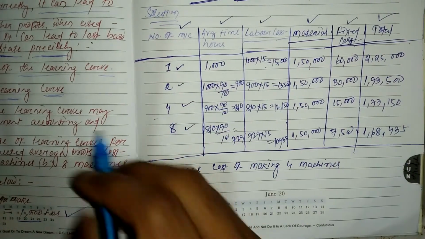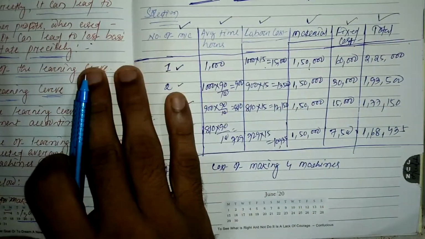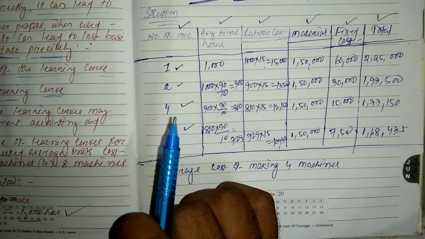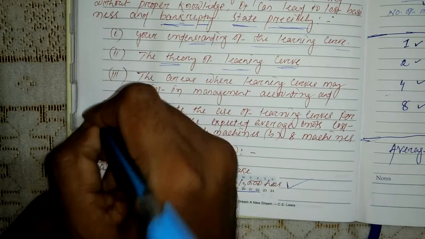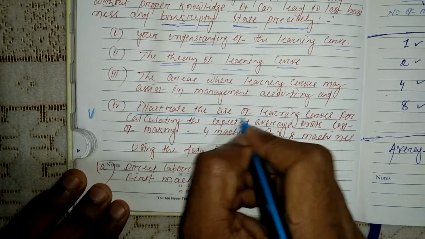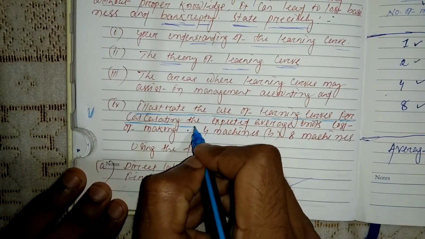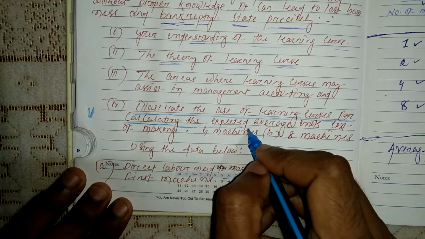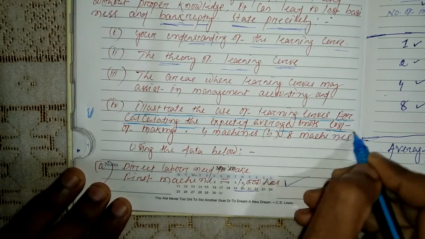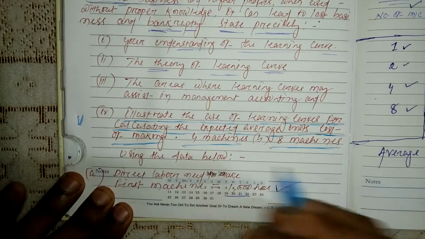The question says to illustrate the use of learning curves for calculating the expected average unit cost of making 4 machines and 8 machines.